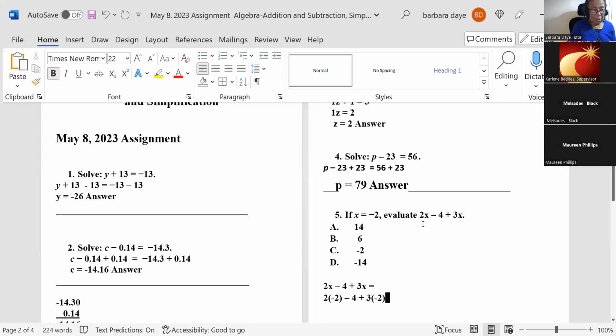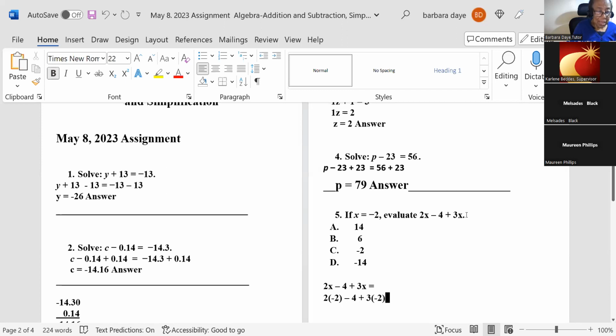Wait, stop right there. I want to make sure you know how to substitute. If x is minus 2, evaluate this expression. In other words, solve it, substituting the value of minus 2 for x. So 2x became 2 times a minus 2. The minus 4 stays the same.